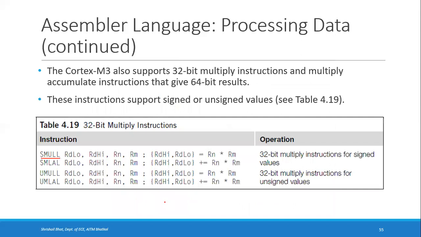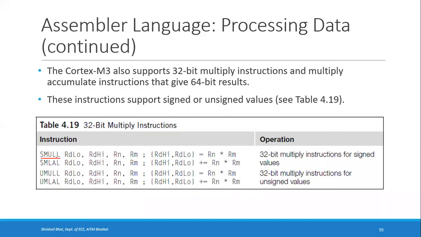But if you want to multiply 32-bit numbers, you should use SMULL or UMULL. The L suffix stands for long. You multiply two 32-bit registers and store the result in two different registers. The product will be 64-bit, with lower order and higher order registers to store it.